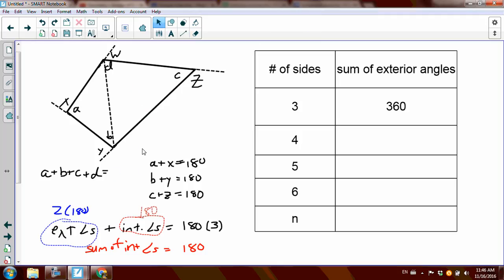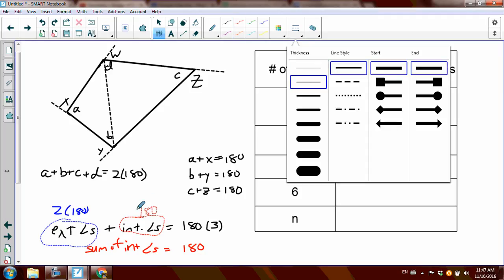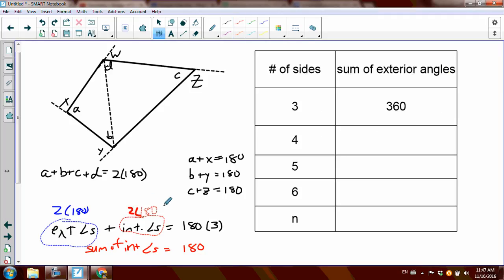So A plus B plus C plus D is 2 times 180. Okay, now, so the interior angles, I'm going to change that to 2 times 180.